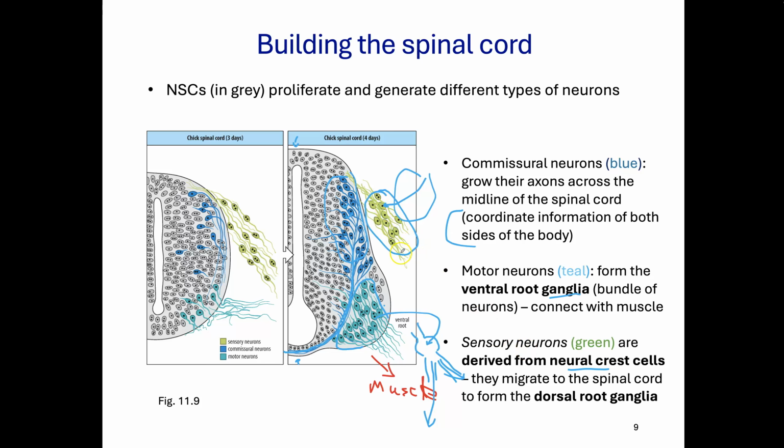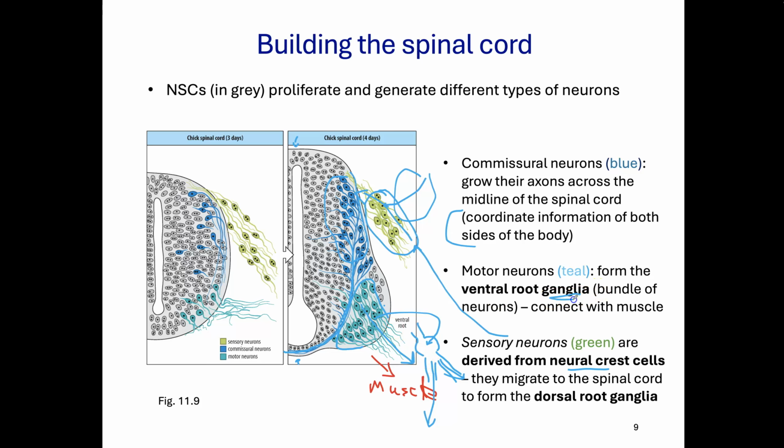And so they are going to be connecting to sense organs in the body, and they're conducting information towards the spinal cord. And the information is being conducted away from the spinal cord in the case of the motor neurons.